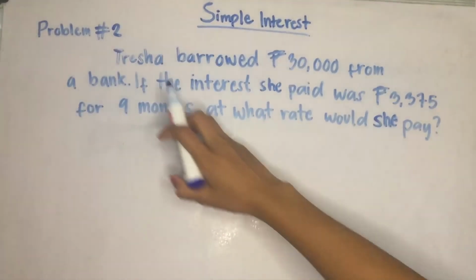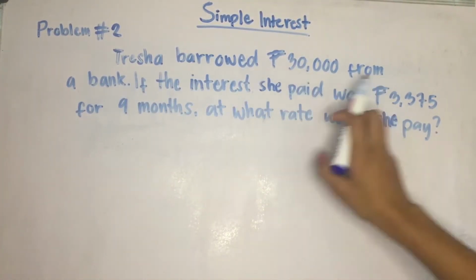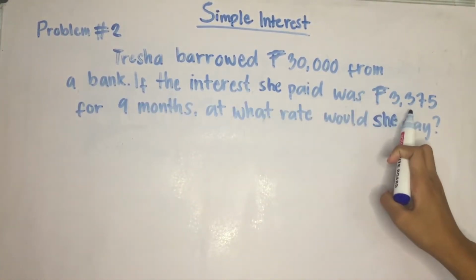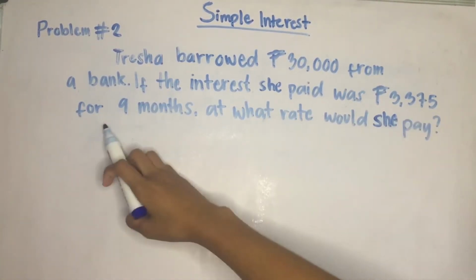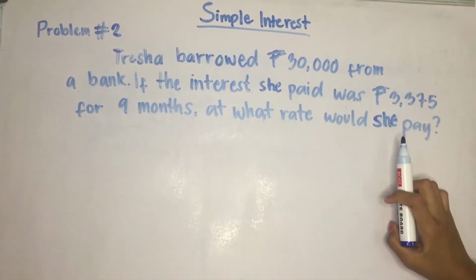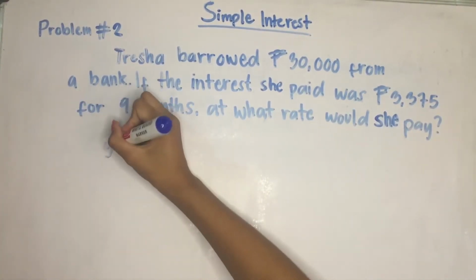Problem number 2. Trisha borrowed 30,000 from a bank. If the interest she paid was 3,375 for 9 months, at what rate would she pay? So first, let's write the given.